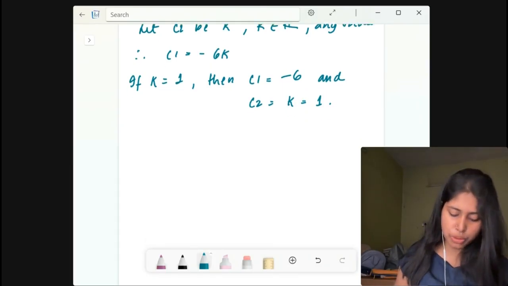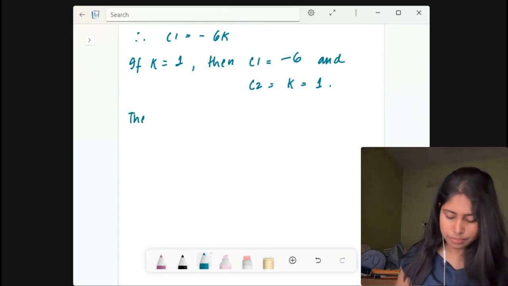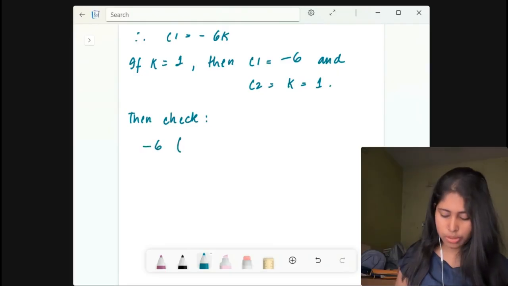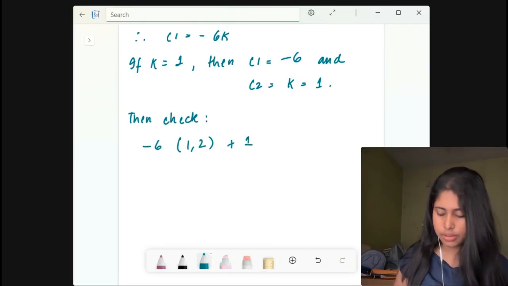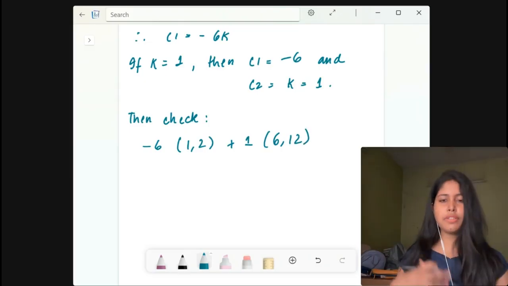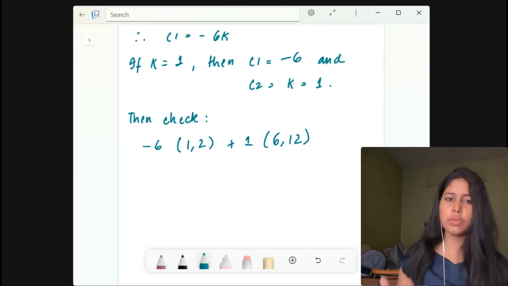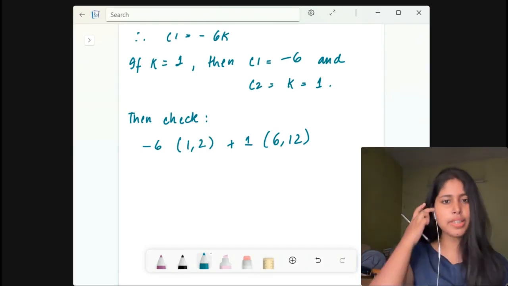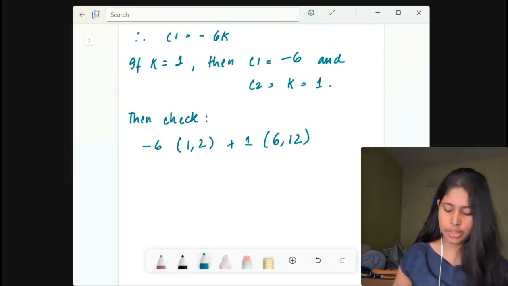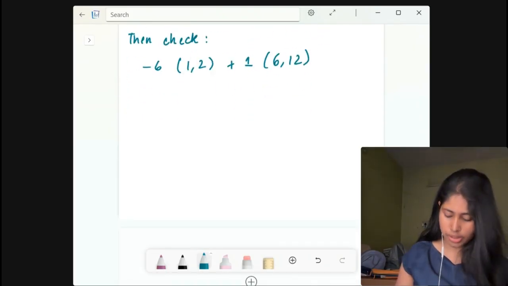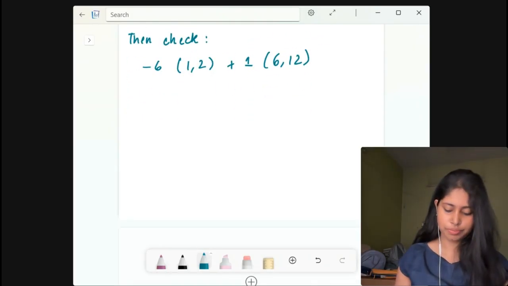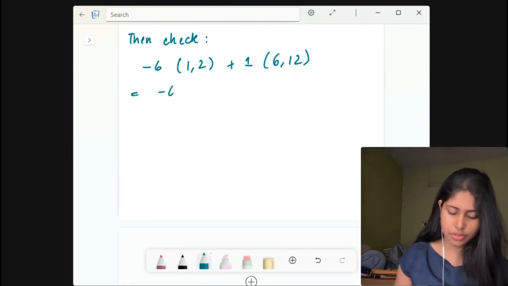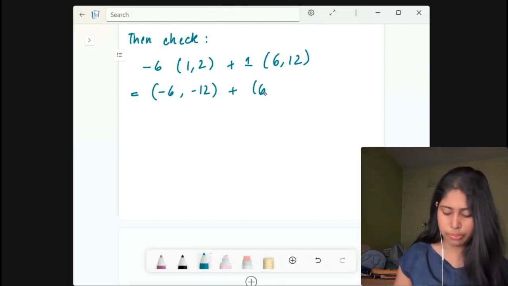Now we will put that in and check: minus 6 (1, 2) plus 1 (6, 12). If we get this to be (0, 0), then only we can say that this property is proved, and hence this is linearly dependent. Let us see if we are getting the exact answer. (Minus 6, minus 12) plus (6, 12).